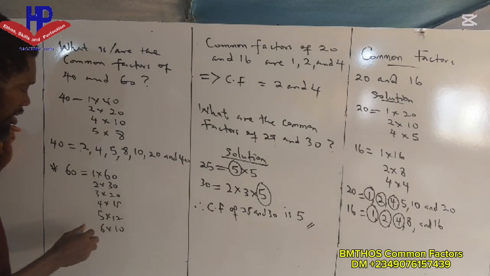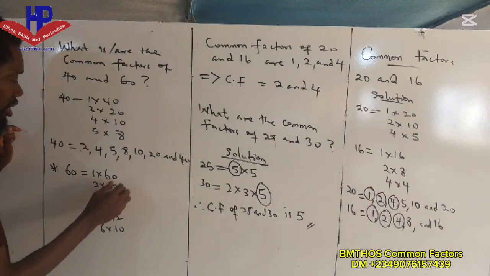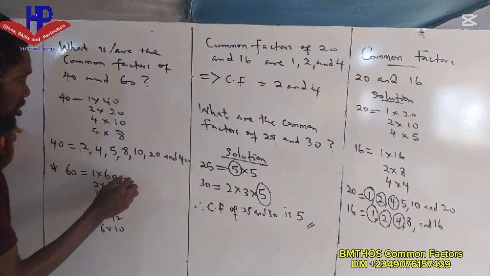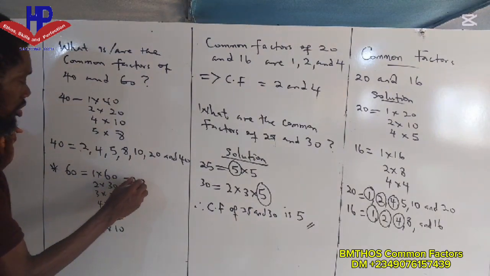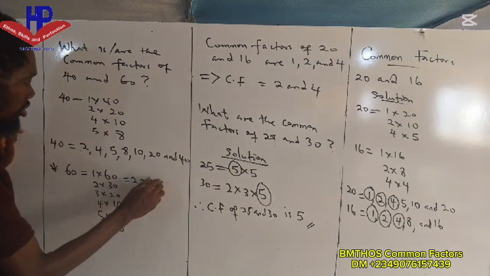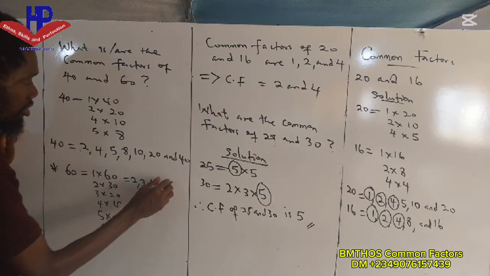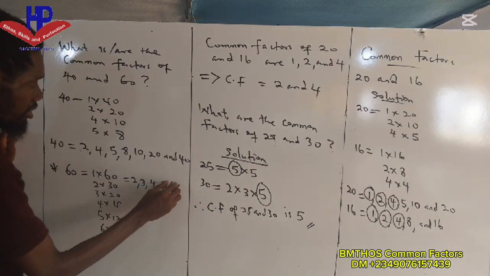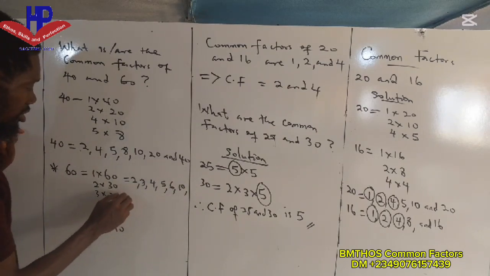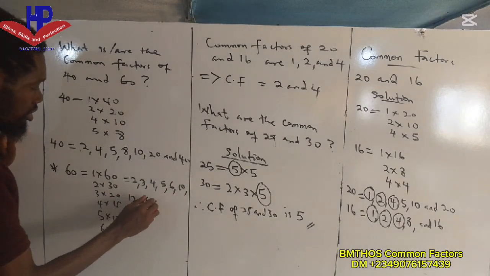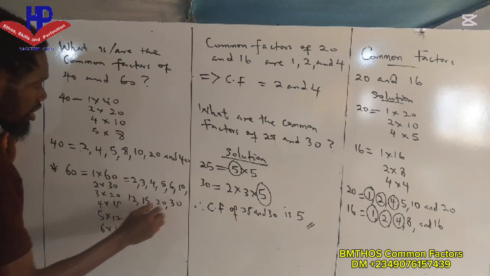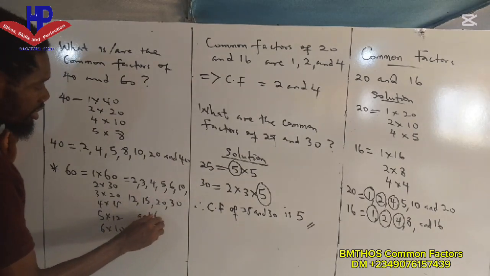So 60 will be 1, 2, 3, 4, 5, 6, 10, 12, 15, 20, 30, and 60.